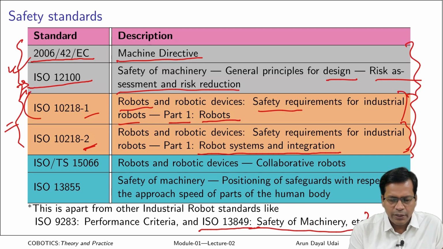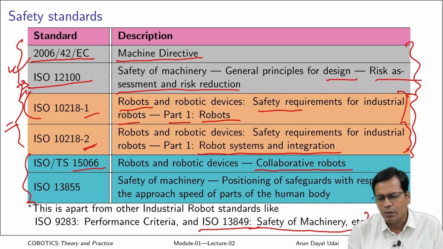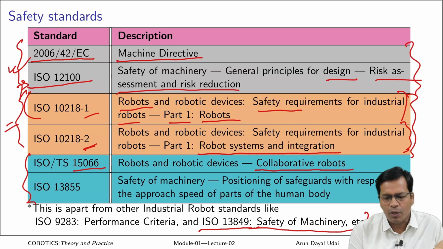And then comes ISO TS 15066, that is for robots and robotic devices. This exactly is for collaborative robots. Industrial robots need not follow this one, but definitely a cobot has to follow all the above standards. And ISO 13855, this is for safety of machinery, positioning of safeguards with respect to the approach speed of parts of the human body.